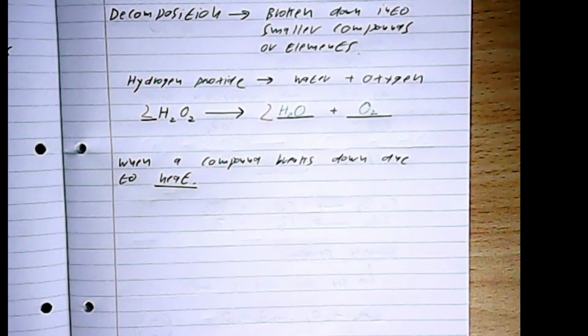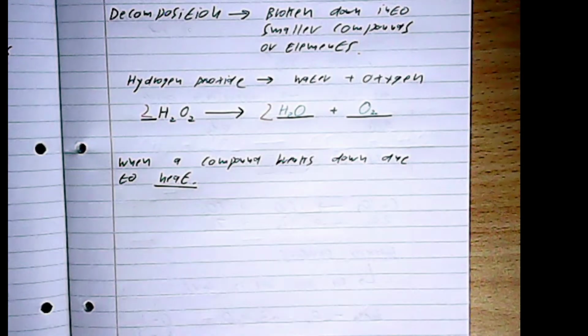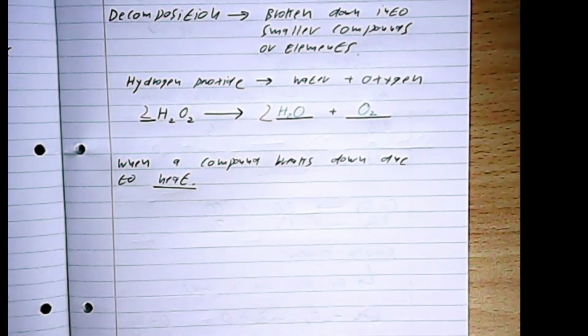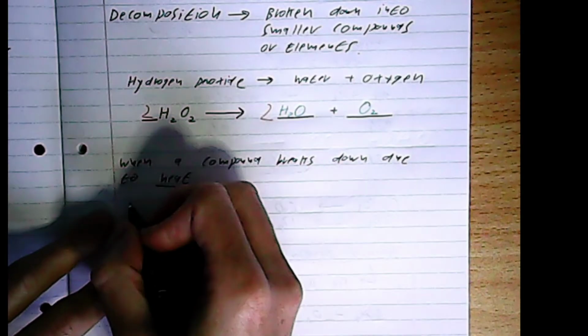You apply heat to a particular compound and then it will break down into either other compounds or into its elements. A really common example, one that they're going to ask you to look at, which is what our worksheet this week is on, is an experiment that we would have done in class, on copper carbonate.